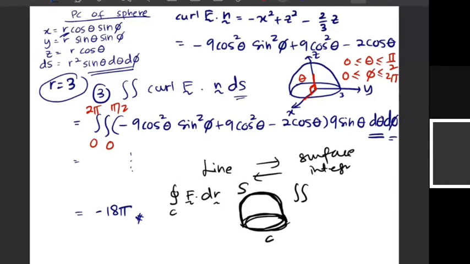Basically, Stokes theorem, let's recall. It's the relationship between line and also surface integral.